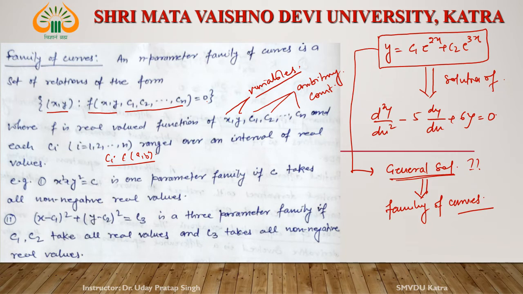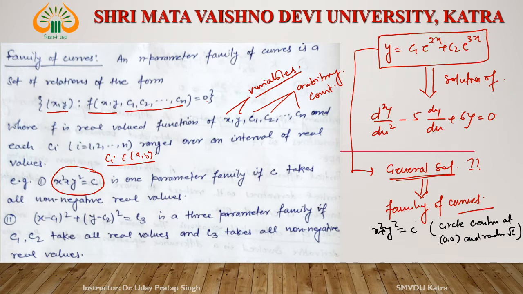Let us see this n-parameter family of curves by some example. Consider x square plus y square equal to c. This is a circle with center at (0, 0) and radius square root of c.